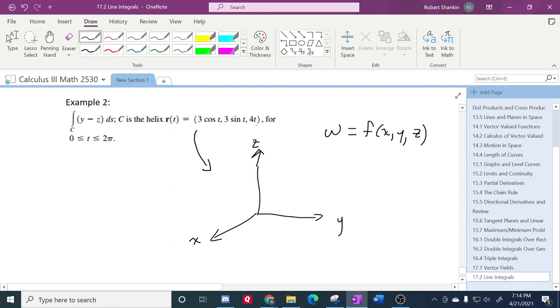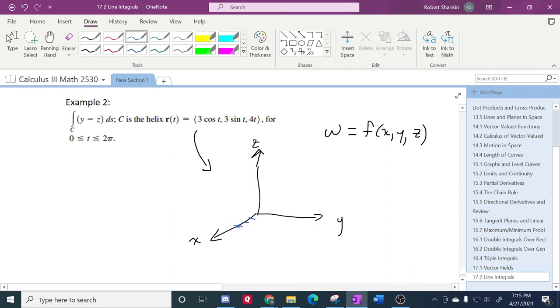At time t equals 0, you start at 3, 0, 0. Now, as soon as t gets larger, if this last component stayed 0 all the time, we would just get a circle in the xy plane. But this last component is not 0, it's 4t. So as we go circling, we also start increasing in height.